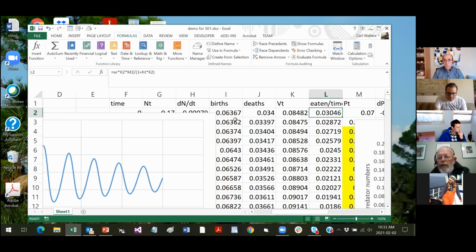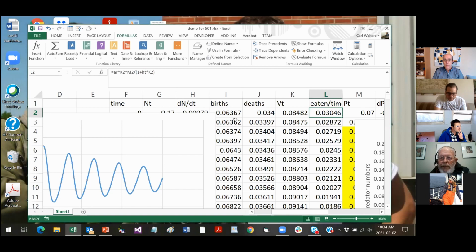So that somehow, when prey densities are high, they make themselves less vulnerable to the predator by doing things like warning each other that there's a predator around, and where it takes a lot of them to be around in order to warn each other. That gives you the thing called the type 4 functional response. Most ecosystem modeling has been done either with type 2 or type 3 functional responses.